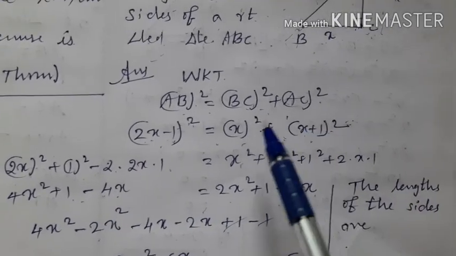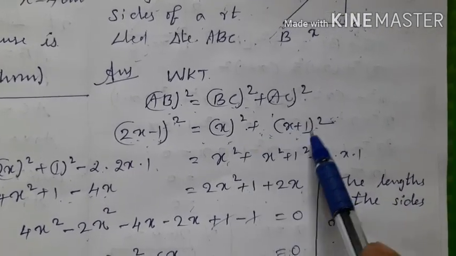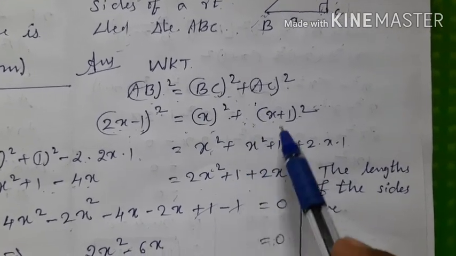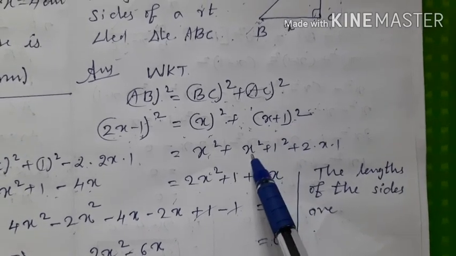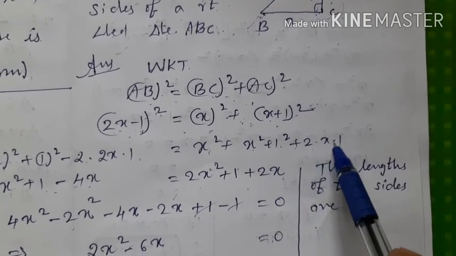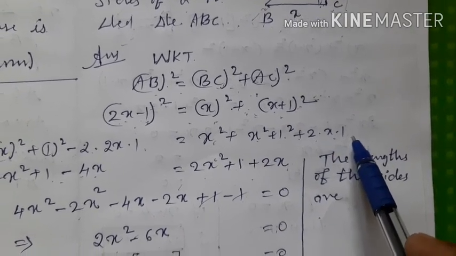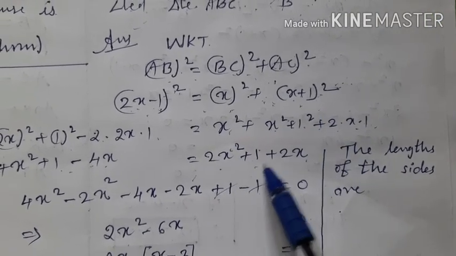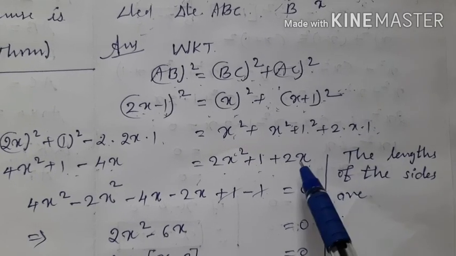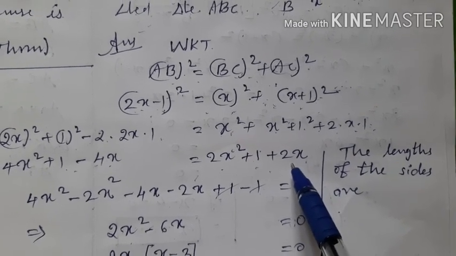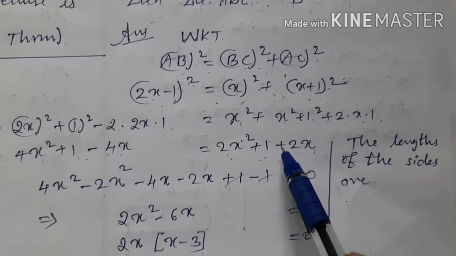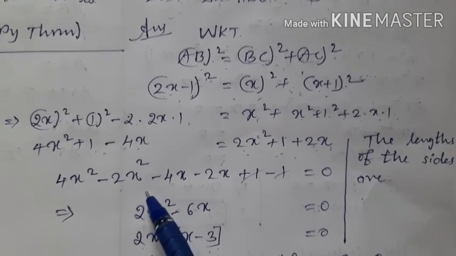Here, x square plus x plus 1 the whole square is a square plus b square plus 2ab, right? So children, x square plus x square is 2x square here, 1 square is 1, 2x into 1 is 2x. Okay, so 2x square plus 1 plus 2x is there, and let me transpose all these terms to this side.